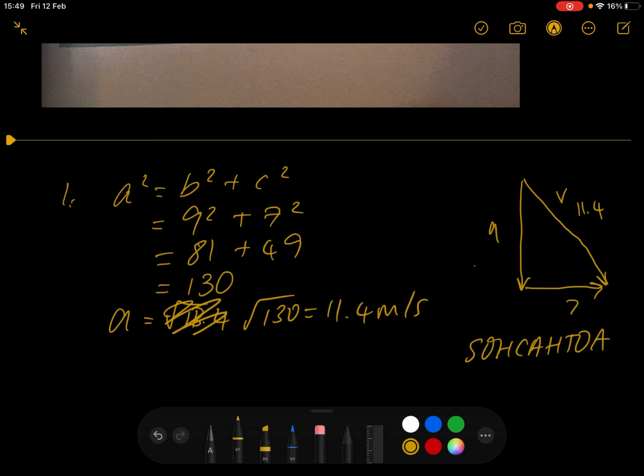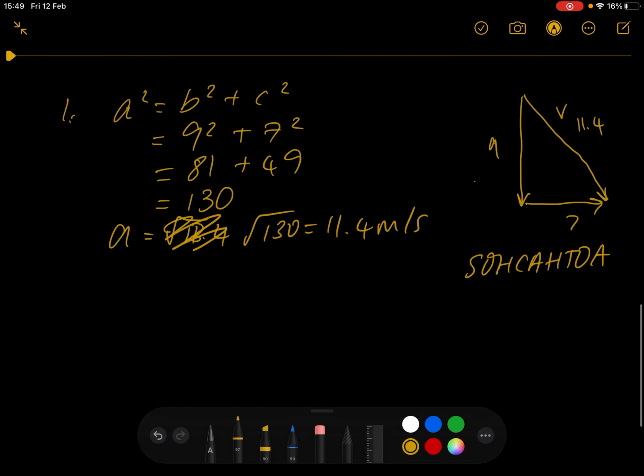I find it easier to remember. Let's use 9 and 7 because it's not rounded up, so it'll be our most accurate. So let's use tan. Tan theta equals opposite over adjacent equals 7 over 9.